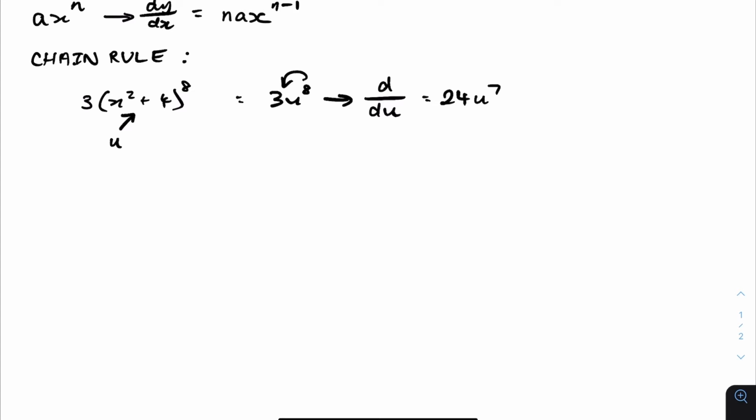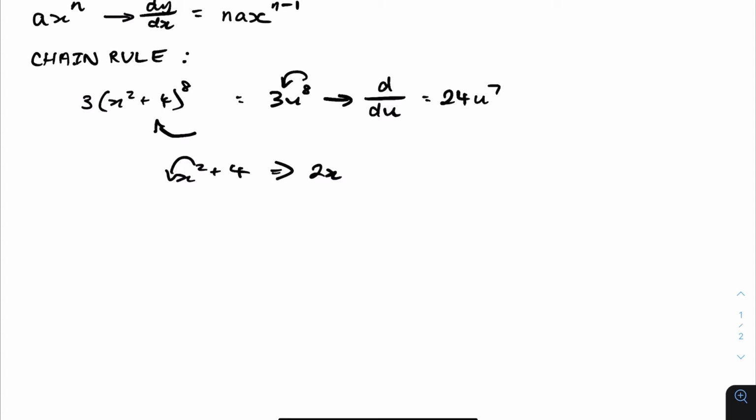Now we're not done yet with this. What we then need to do is differentiate what we have in the function. So x squared plus 4, how would we differentiate that? Well, the way we differentiate it is bring this down and then decrease the power, so 2x. And then the constant, we remember, does not have anything, so it's just 2x.